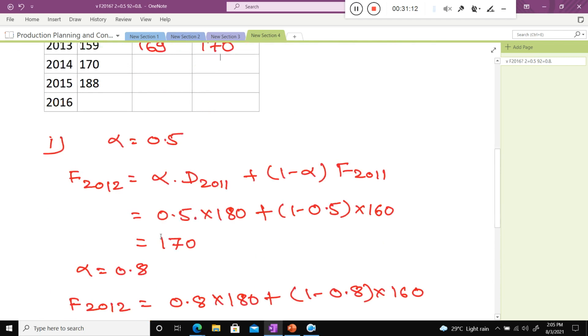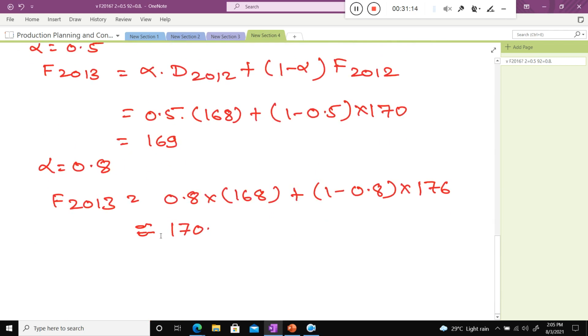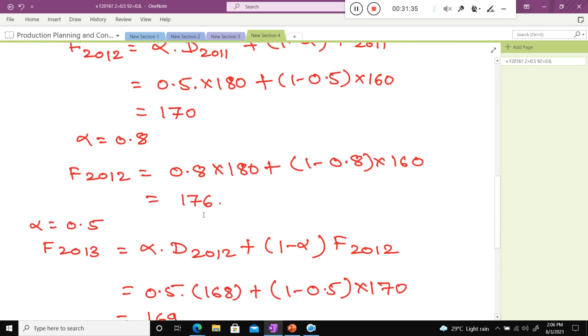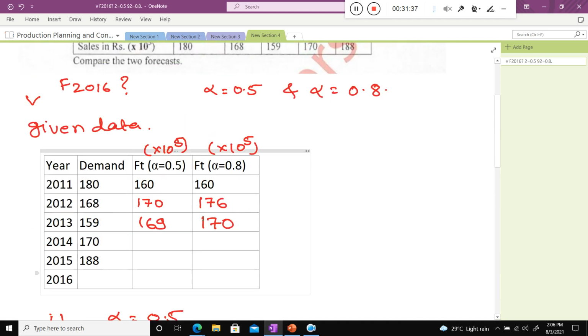Okay, now for 2014, alpha is equal to 0.5 and F is equal to 2014. What is the demand of 2014? That is the 159. Okay, I don't write again and again the formula.